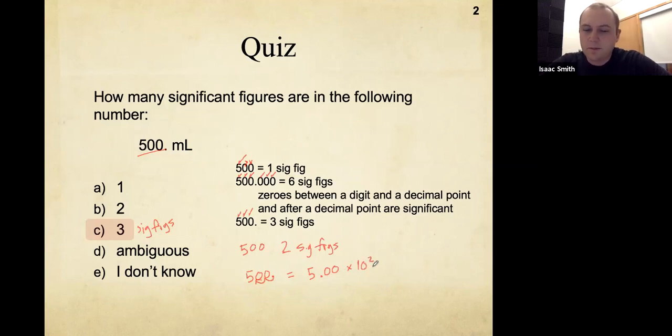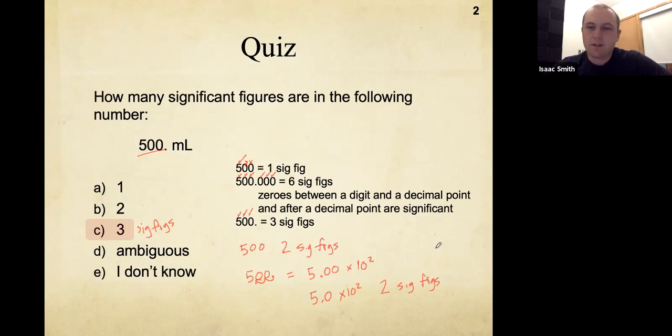The problem with this number is there's actually 3 significant figures here. So if I want to write 500 to 2 significant figures, I'm just going to write 5.0, which is equal to 5.00, but only has 2 significant figures, times 10 squared, okay? So this is a way to write 500 with two significant figures, okay?